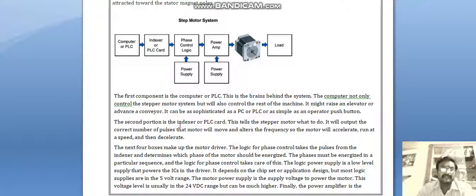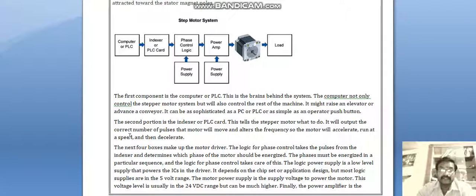The second portion is the indexer or PLC card. This tells the stepper motor what to do. This will give the signal, a pulse signal, to the motor.